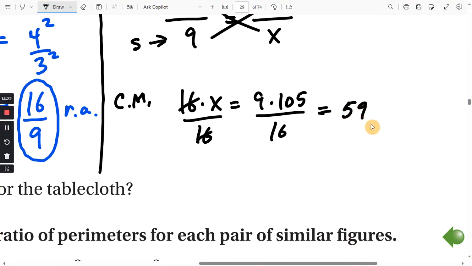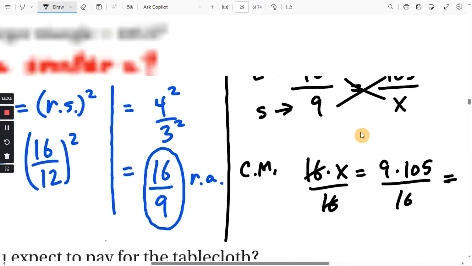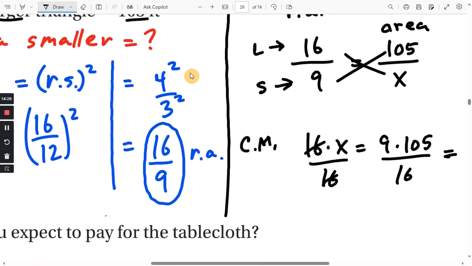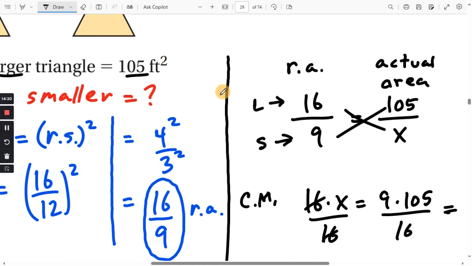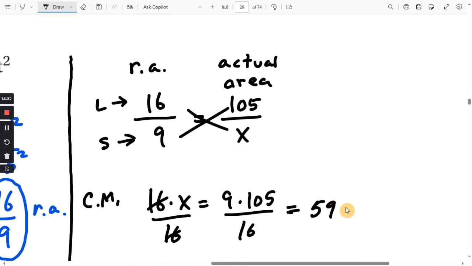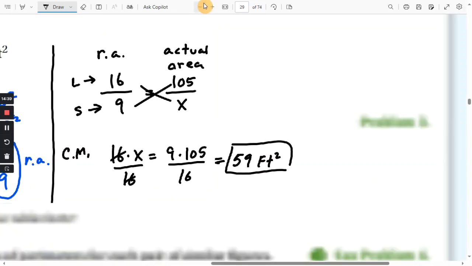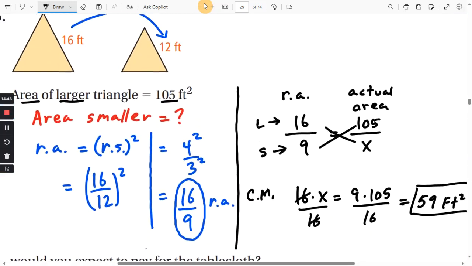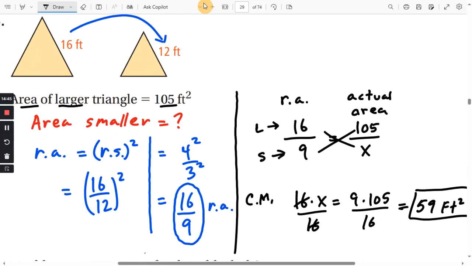Okay, I got a decimal, but it kept going, so I rounded off. The units were in feet squared. So this is going to be in feet squared. All right, so that's basically it for number 15.